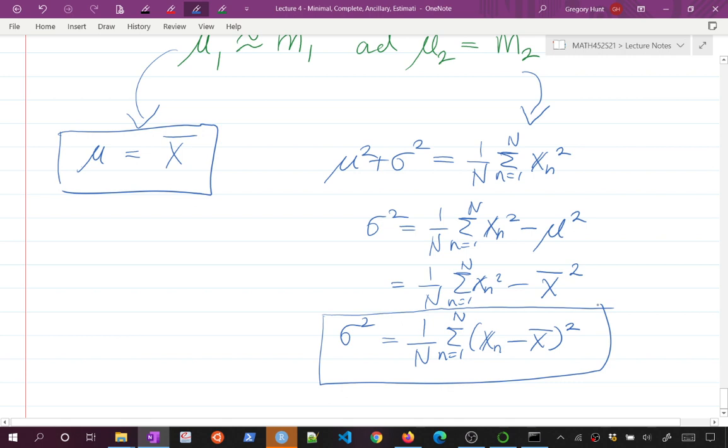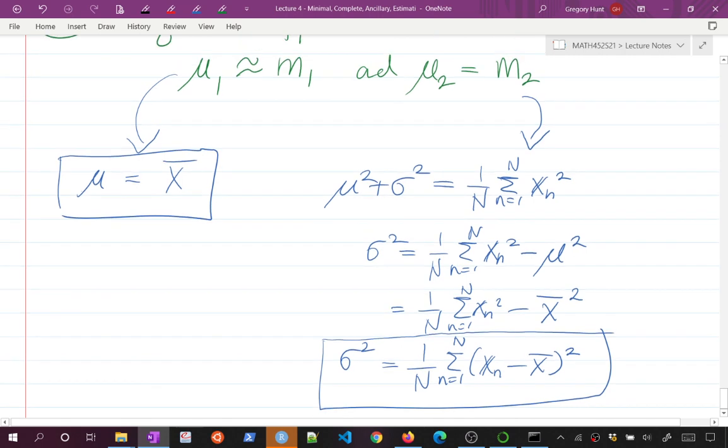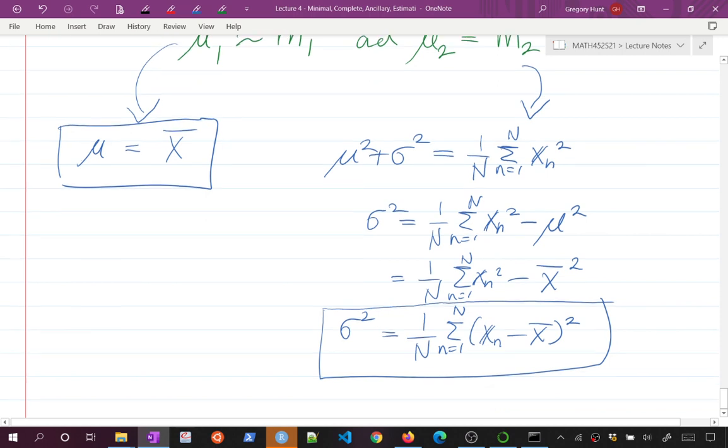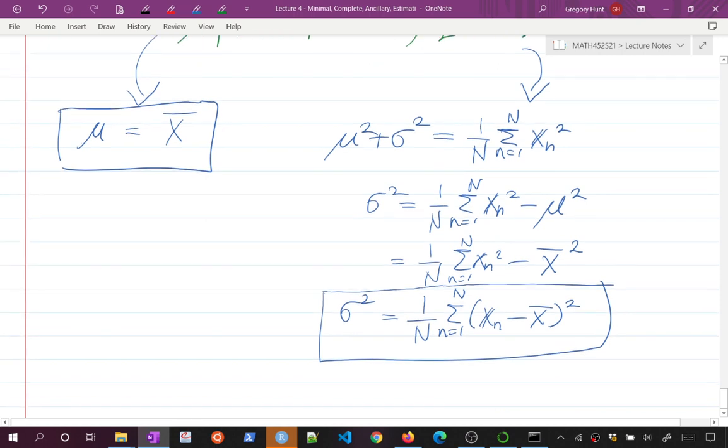So I could say that should be an estimator by this logic. All my logic is that the sample and the population moment should be kind of equal. If I set them to be equal, I would say that mu should be approximately x bar, and sigma squared should be 1 over n times the sum of the deviation squared.